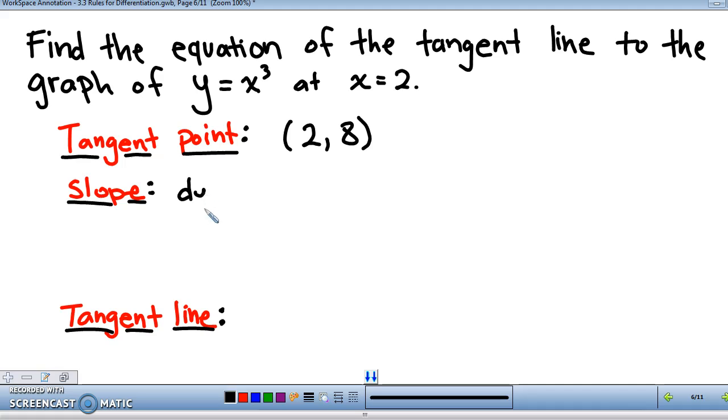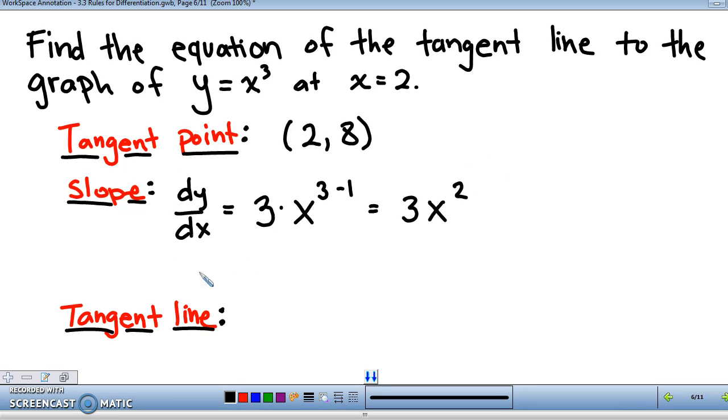So dy over dx is equal to 3 times x to the 3 minus 1, which is just 3x squared.